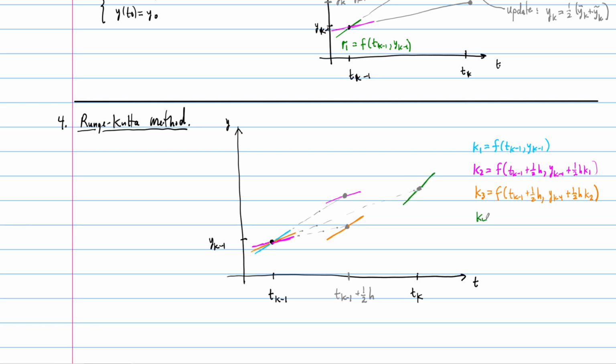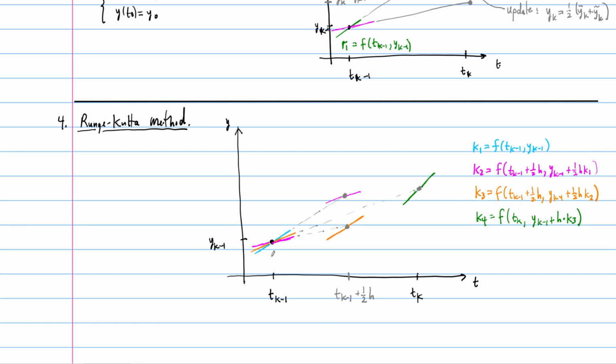So this will be k4, and k4 is going to be f of, at this point it's t_k. All right, so there's a full step. So it's t_{k-1} plus h if you wish, but that's a full step, right? So t_k, and then y_{k-1} plus a full step, h times k3, the previous slope, right? k3. So the previous slope is k3. All right, so this is the picture.